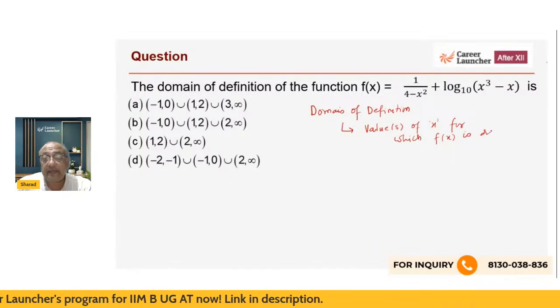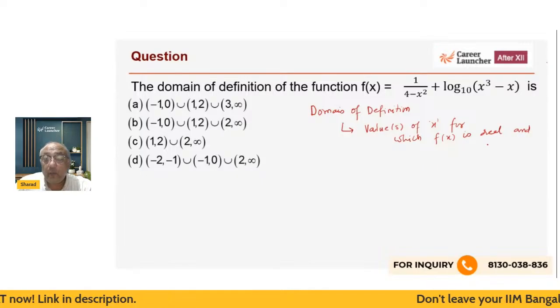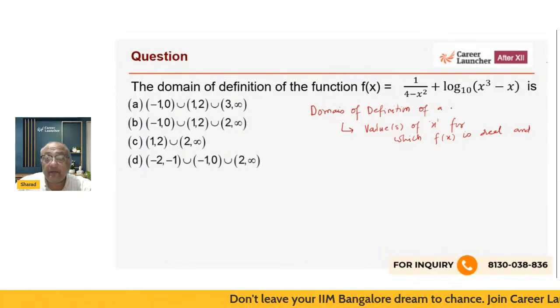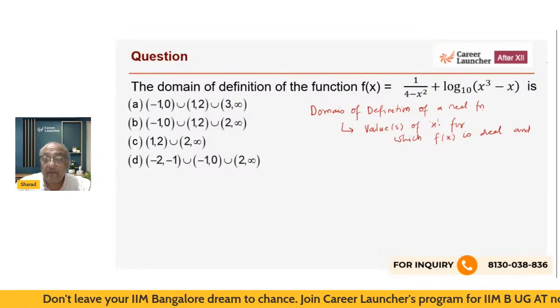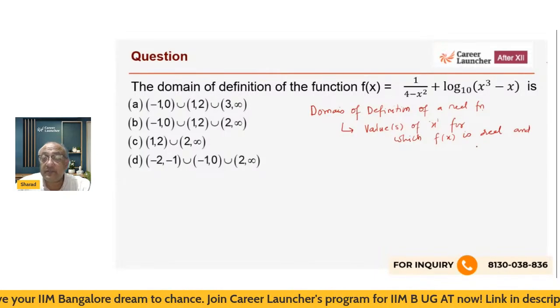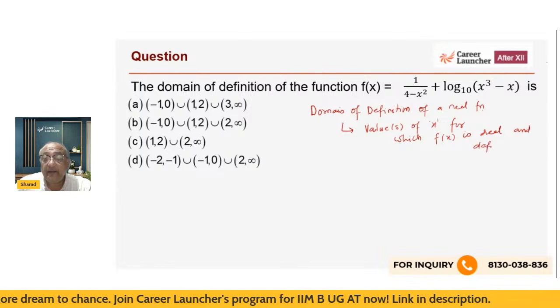Please note it down. What is the domain of definition of a real function? A real function has a domain which has values of x for which f(x) is real and defined.